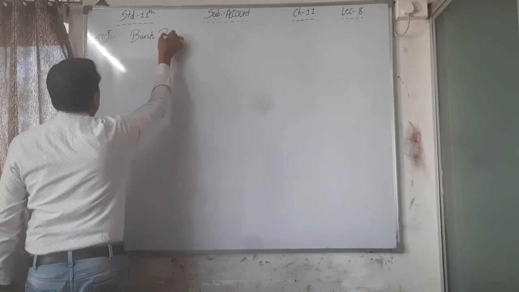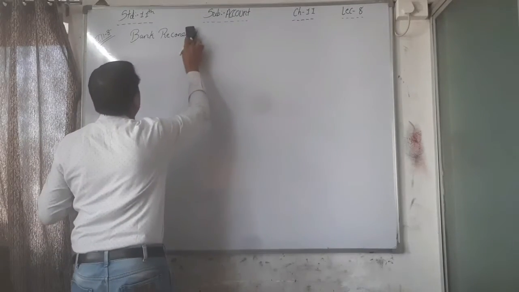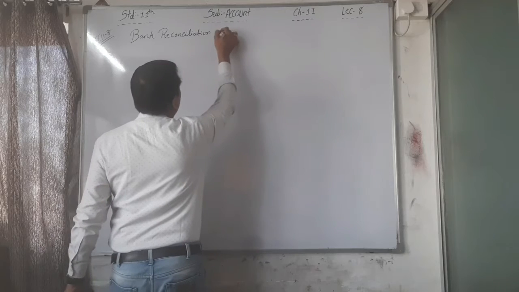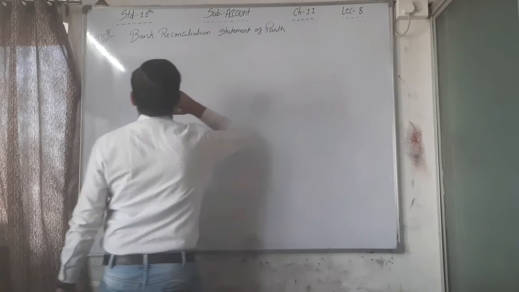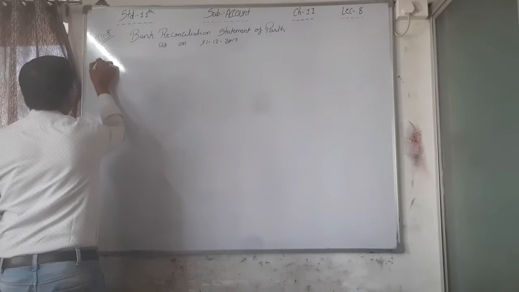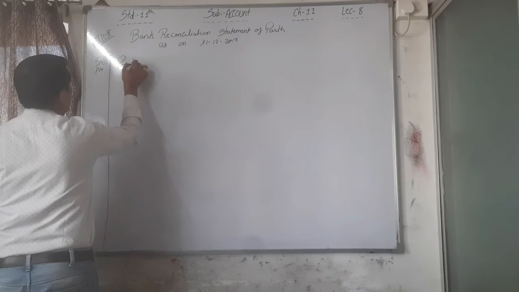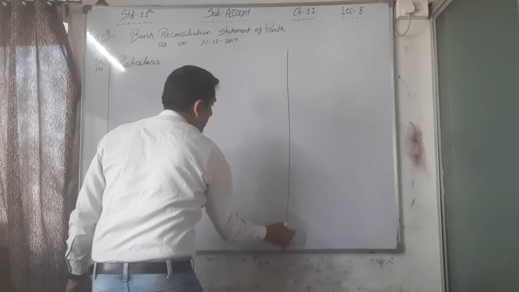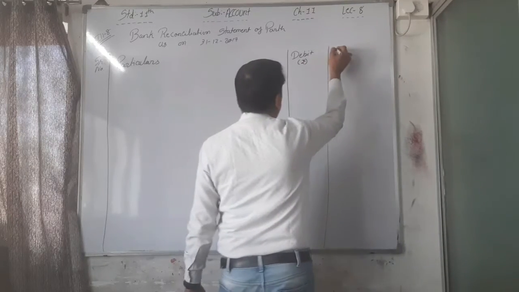Bank. Date, particulars, then debit amount and the credit amount.